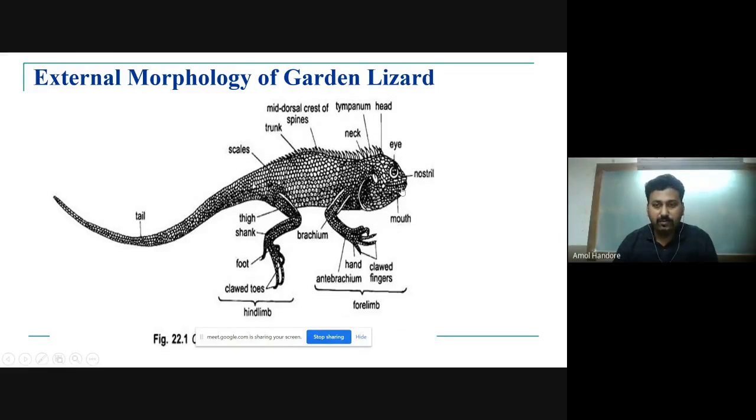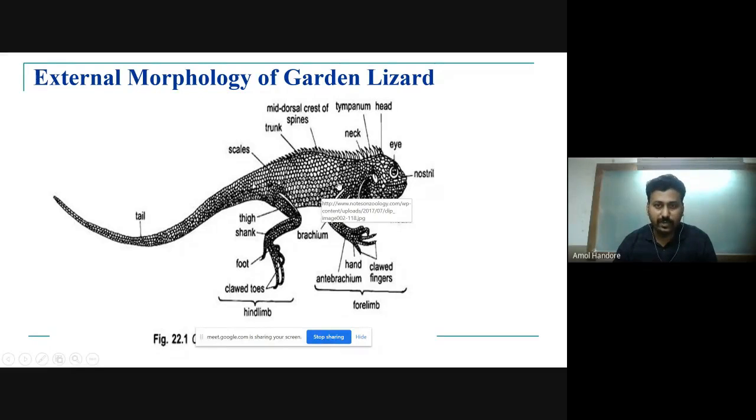Now, if we divide the body, this is the head. There is a very short neck. You have this portion of the body which is called the trunk. So from the neck to the start of the tail, this region is called the trunk, and then you have a long prehensile tail. Now this body is entirely covered with imbricate type of scales.